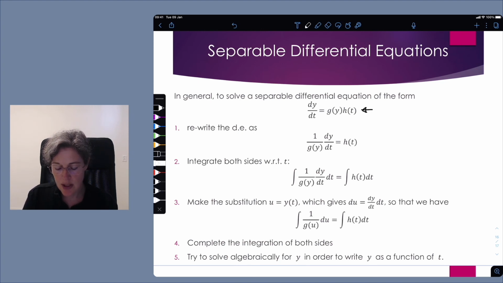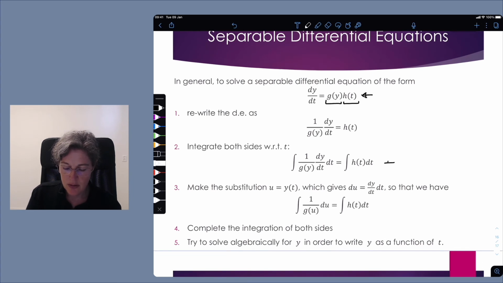So we needed to be able to separate it into a function of our dependent variable times a function of our independent variable. Once we did that, we divided through by our dependent variable's function and integrated both sides with respect to t.